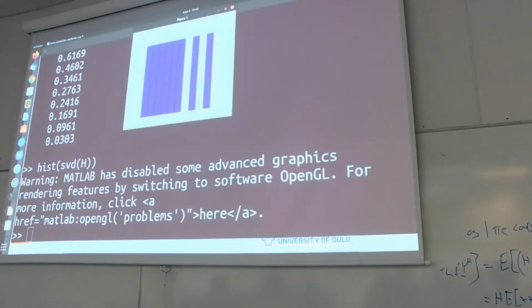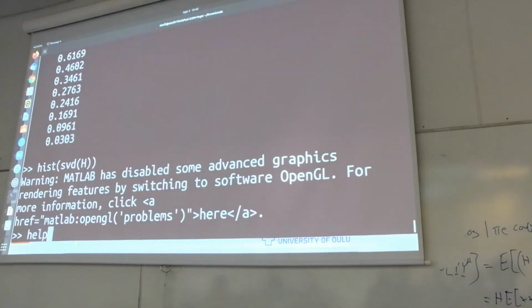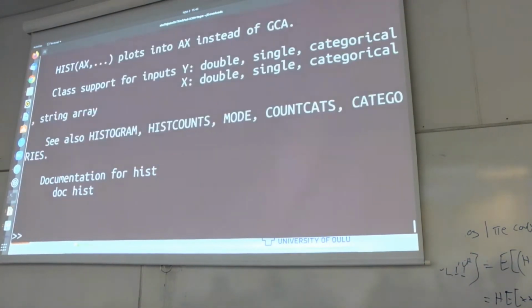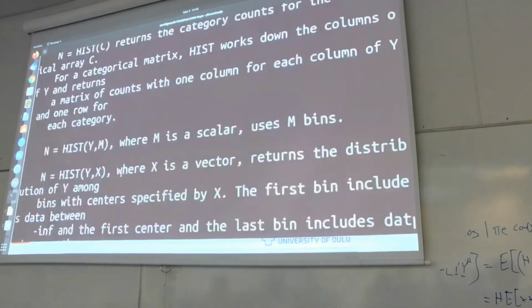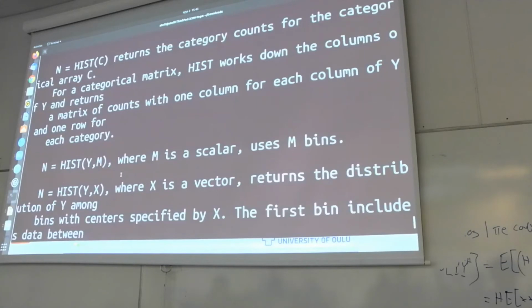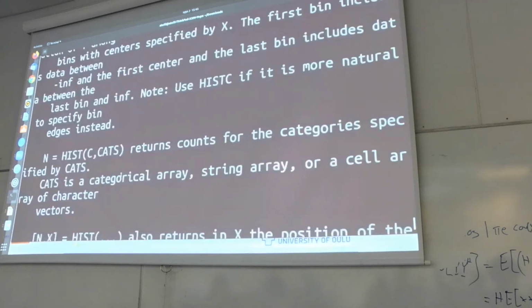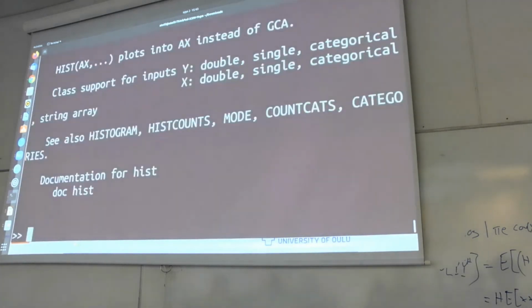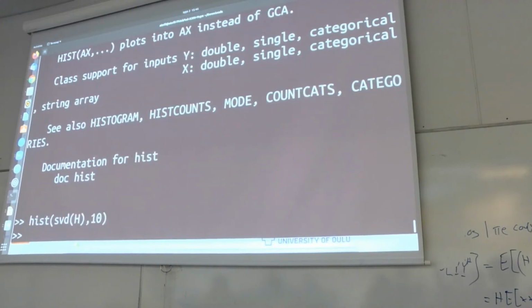Something is happening. Okay, I'm improvising, so let's see.